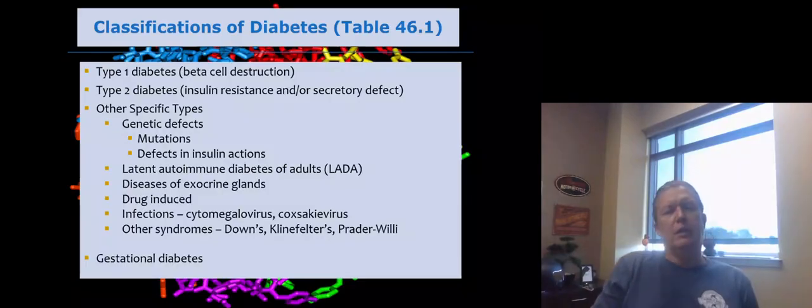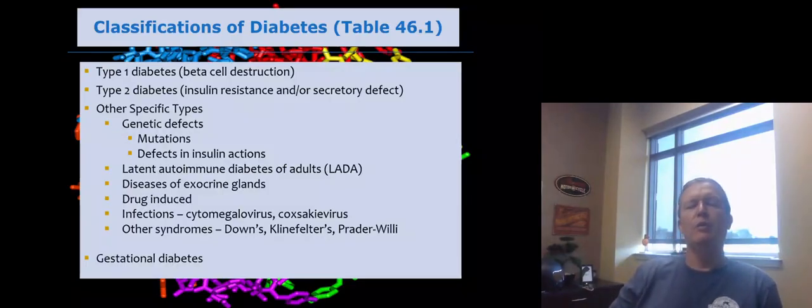There's also a condition called latent autoimmune diabetes of adults. So this is a later evolution. It's kind of an expansion of type 2 diabetes, but there's been enough of it to identify it as its own class. Diseases of the exocrine glands, diabetes could be drug-induced because of effects on the pancreas or other organs.